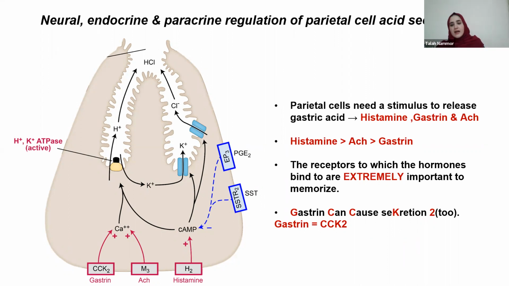But gastrin by itself, if gastrin was lucky and Cl minus was by luck there, then the release of H alone will result in the formation of gastric acid. But if we don't have histamine, and only gastrin is there, unless we depend on luck, there's not going to be HCl production.